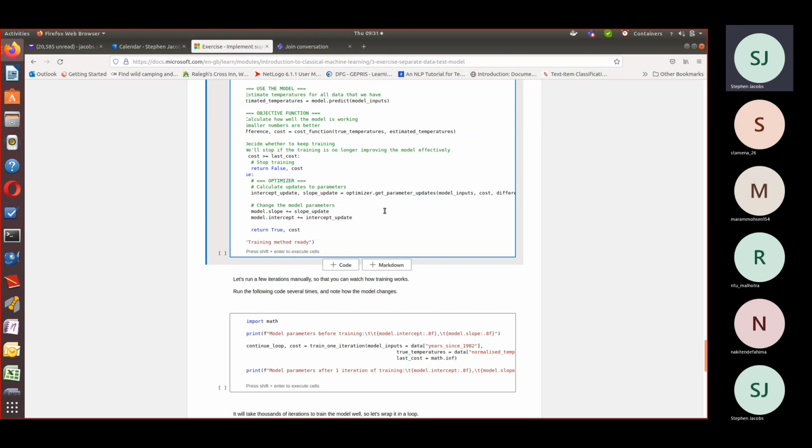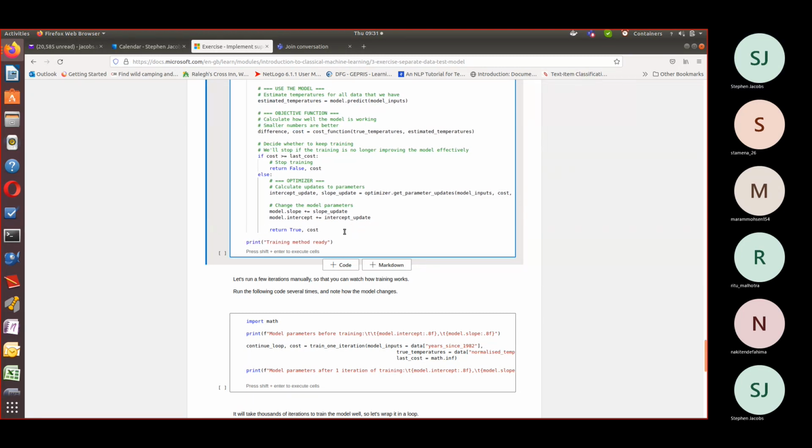Okay. And then once we're done, in that else branch we return true and cost, which means that we're still running at this point because we haven't just stopped because of this test here.